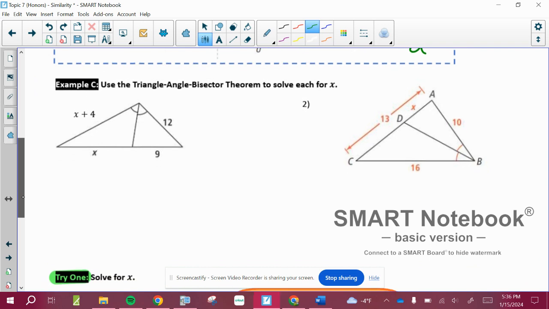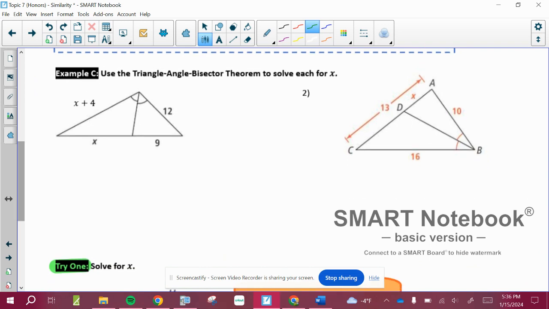So I'm going to do this first example, and then you'll try one, okay? So again, I'm going to set up a proportion. Because this angle is being bisected, they marked it using the congruent marks. I know that this ray, okay, is splitting that segment on the bottom into 2 proportional parts.